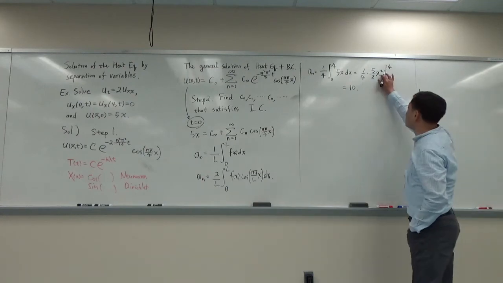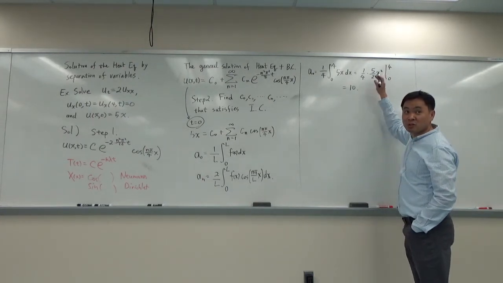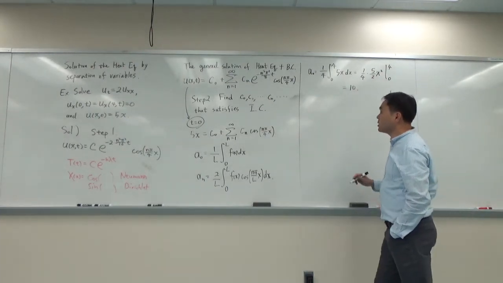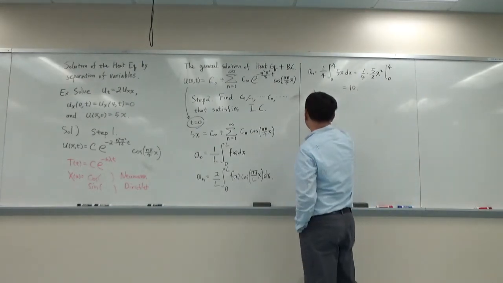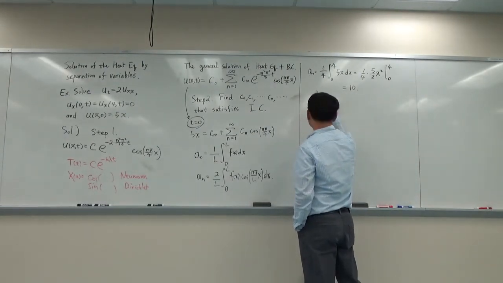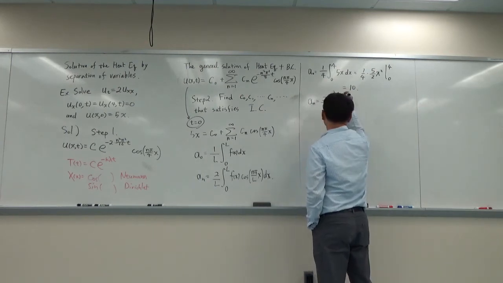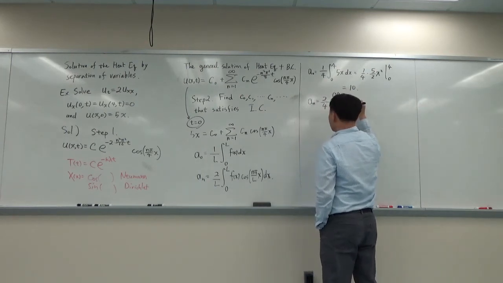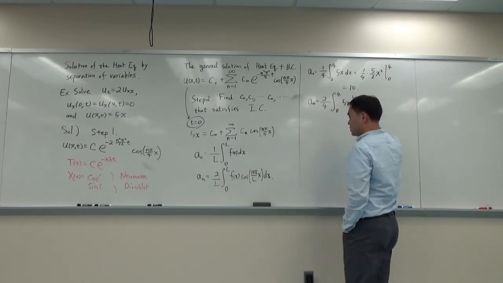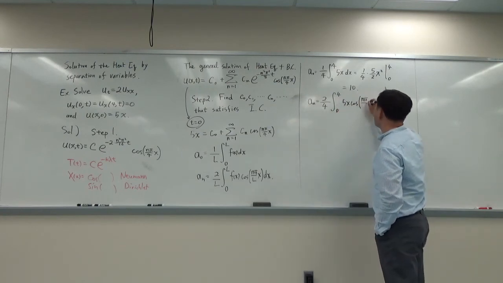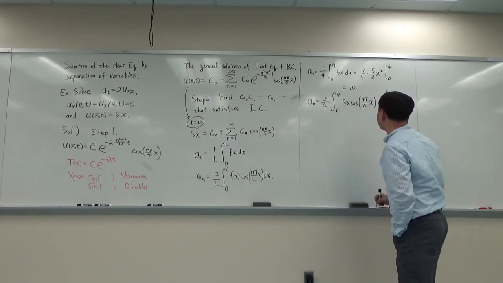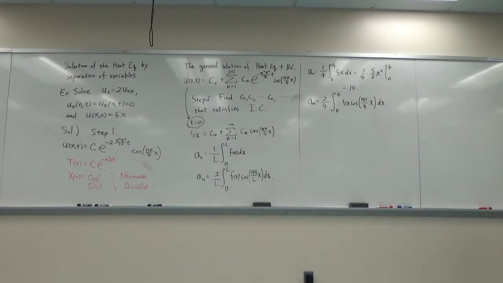So 4 squared is 16, 16 divided by 8 is 2, 2 times 5 is 10. For an, we have to do 2 over 4, 0 to 4 of 5x times cosine n pi over 4 x dx. Okay?